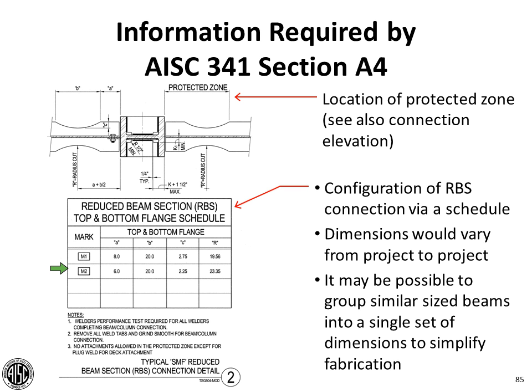What many engineers will do is review their designs, try to select a reasonable number of different beam sizes, and then see to what extent those beam sizes can be grouped to use the same RBS dimensions and yet still satisfy the requirements of 358.